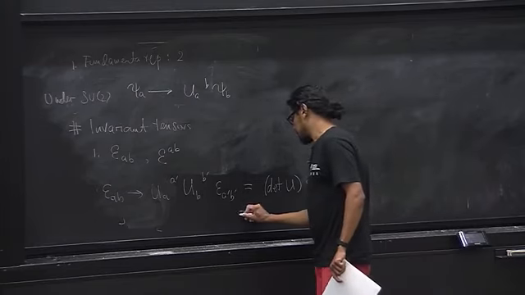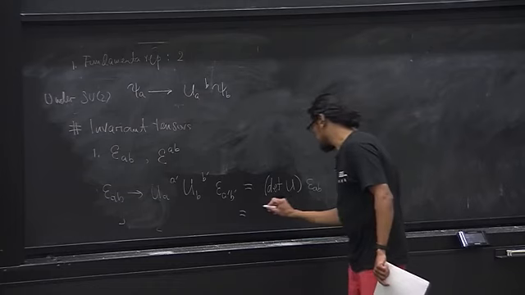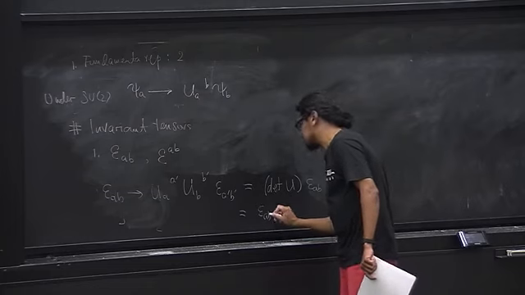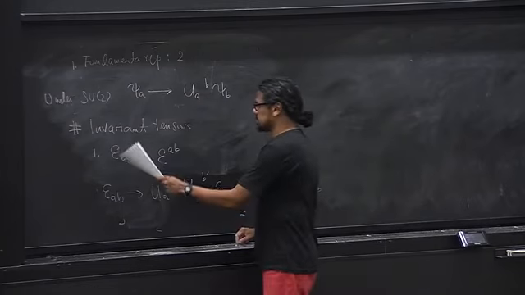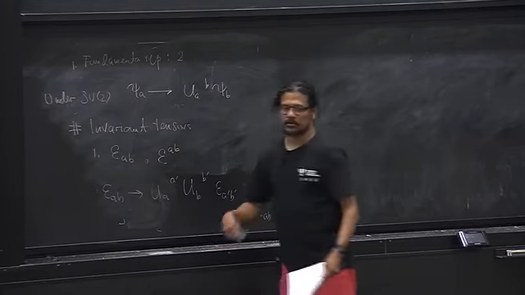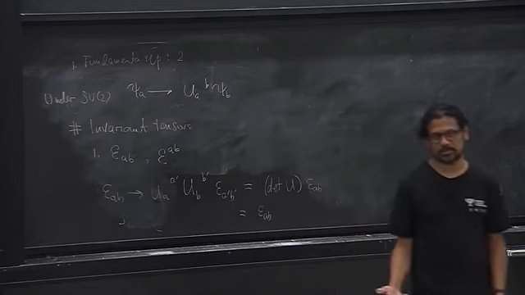But we know that the determinant of U for SU2 is 1, so this is epsilon AB. So we see that this tensor object under an SU2 transformation doesn't change. It remains itself.